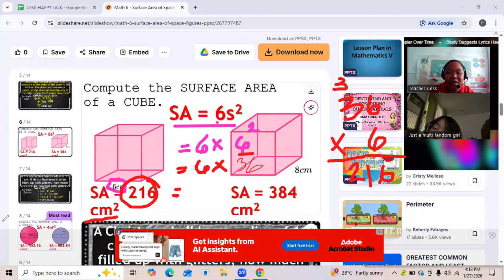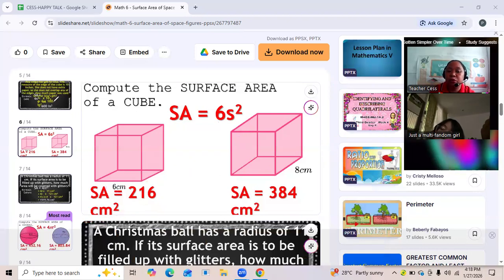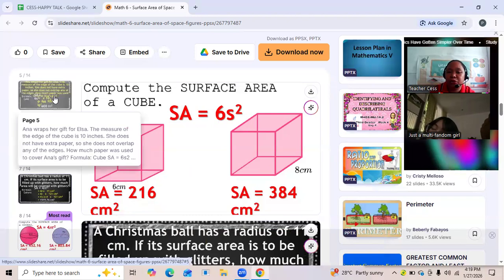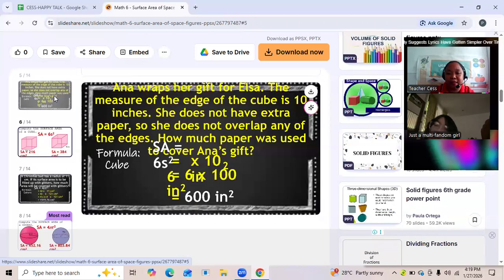Okay, now let us solve how much paper Anna needed to cover her gift. According to the problem, the measure of her gift is 10 inches on each side, and that is a cube.